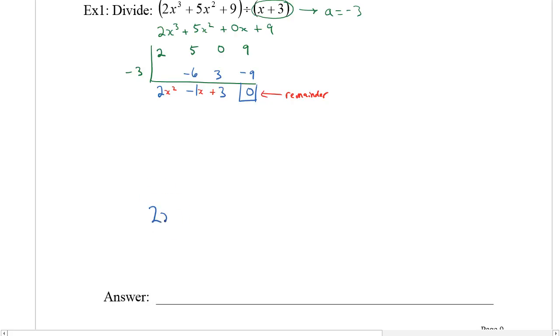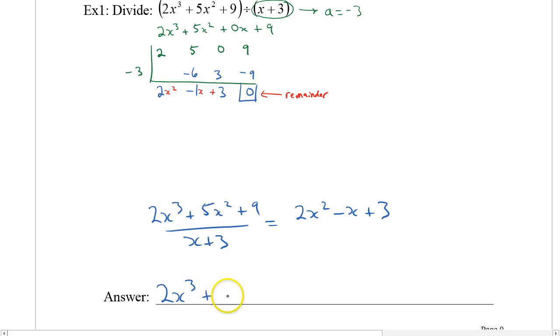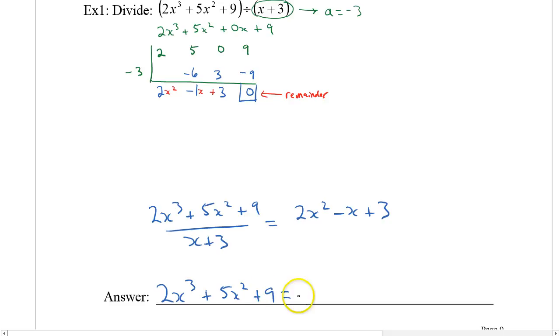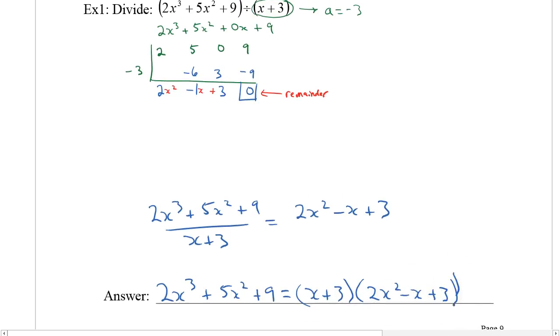We can say 2x cubed plus 5x squared plus 9 divided by x plus 3 is equal to 2x squared minus x plus 3, or the other way to write it was 2x cubed plus 5x squared plus 9 is equal to x plus 3 times 2x squared minus x plus 3. Okay, so both ways are acceptable.